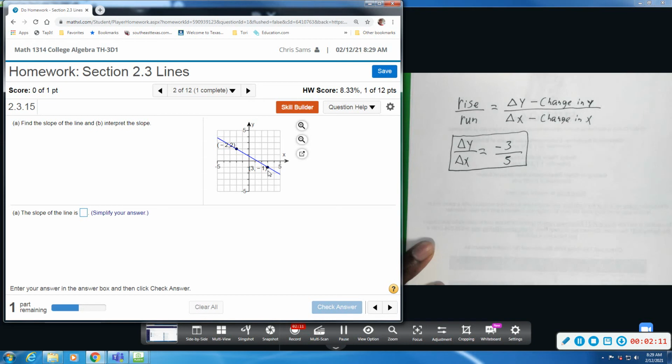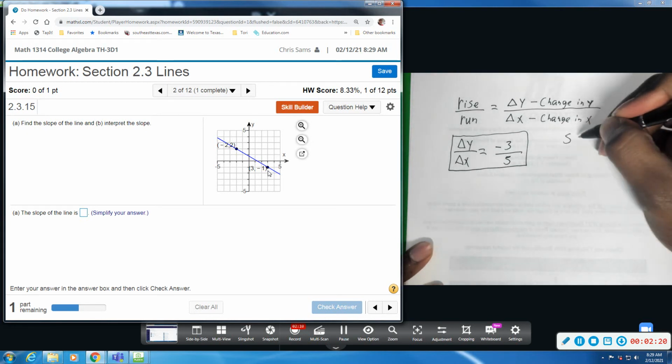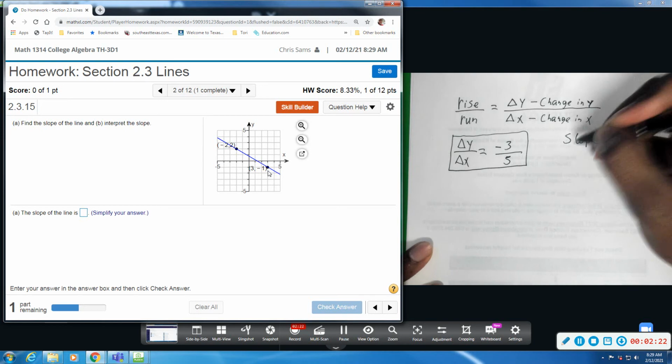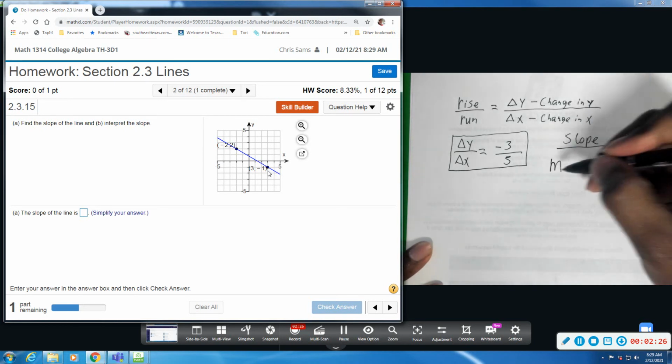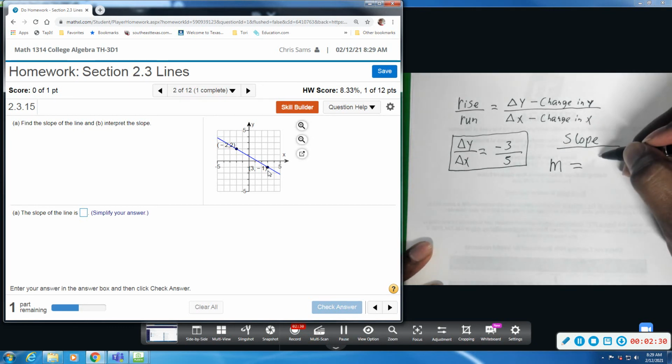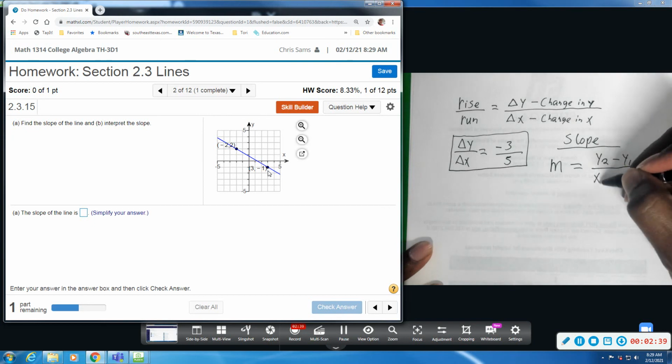However, there is a slope formula, and you can use the slope formula given the 2 points. So slope, the slope formula is m equals, m is the letter that represents slope, m equals y2 minus y1, that's the change, the difference, and then divided by x2 minus x1.